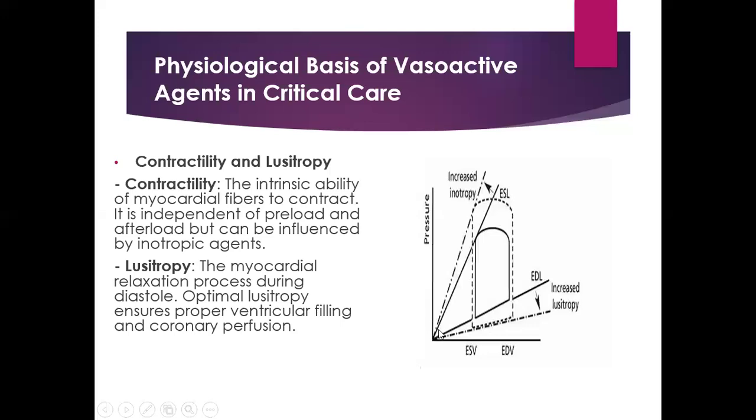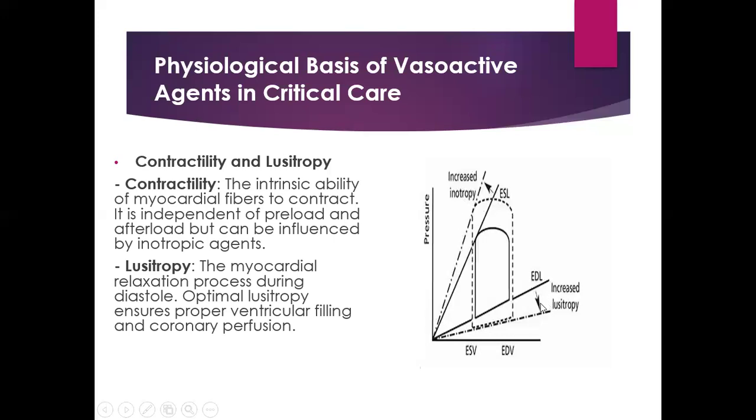And when the heart contracts, at the end of systole, the pressure is higher, and the graph moves a little to the left, and you have increased inotropy rather, which is contractility.